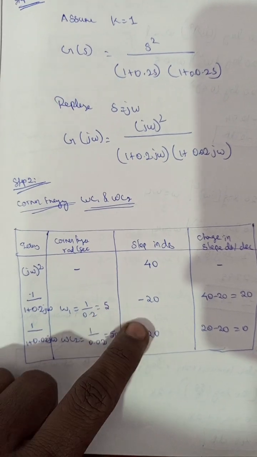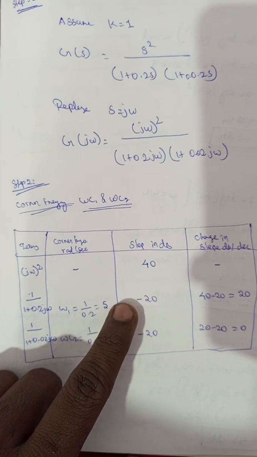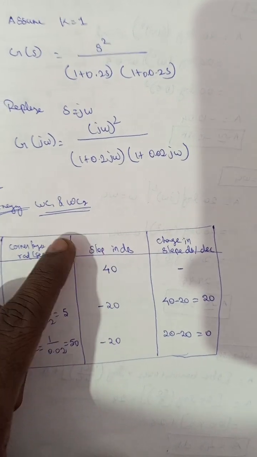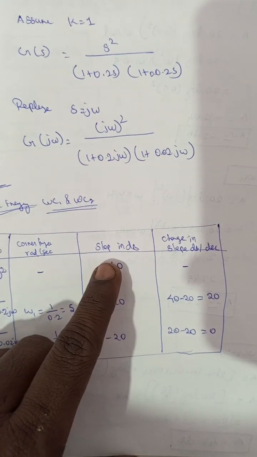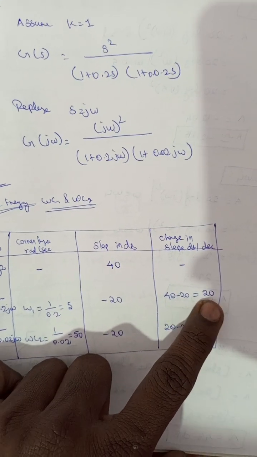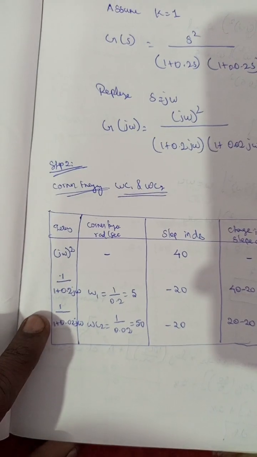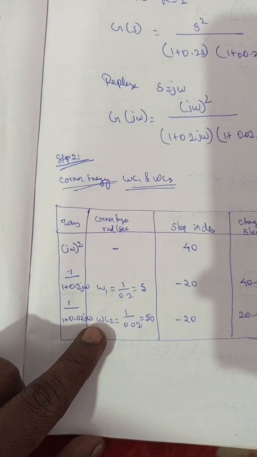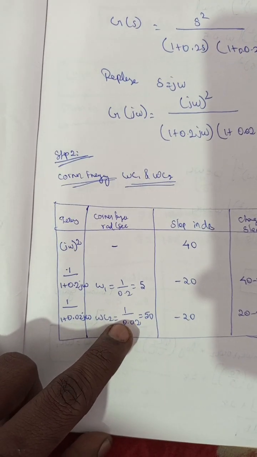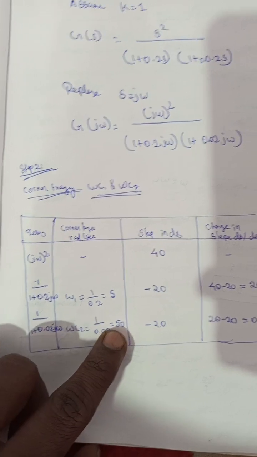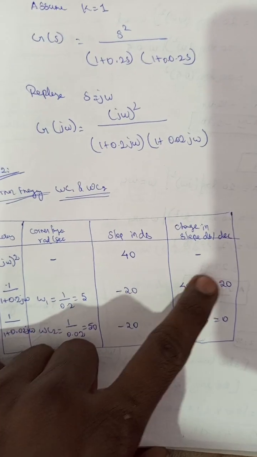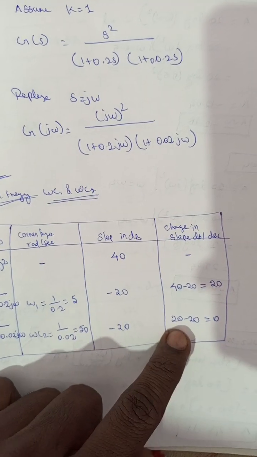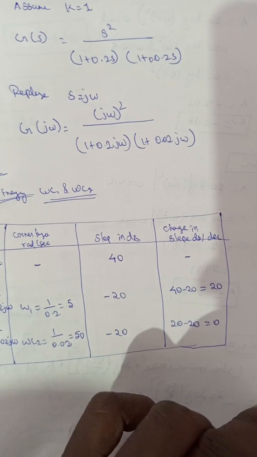The slope in dB is minus 20. For the change in slope, we add the previous value to the current value, so plus 40 and minus 20 is equal to 20. For the third term, 1 divided by (1 + 0.02jω), ωc2 is equal to 1 by 0.02, which is 50, and the slope is minus 20, so plus 20 and minus 20 added gives 0.